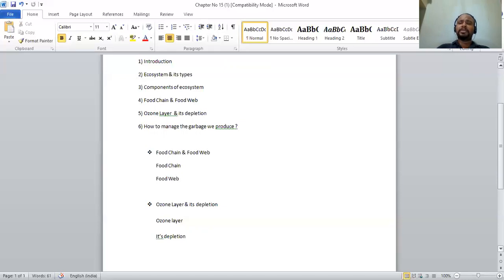One chlorine atom can decompose up to 1 lakh molecules of ozone, whereas the second factor is CFC, which is considered to be the most prominent factor for the depletion of ozone layer because it depletes nearly 80% of ozone molecules. Whereas freon, which is present in the refrigerator as well as the air conditioner, is also a factor for the depletion of ozone layer.